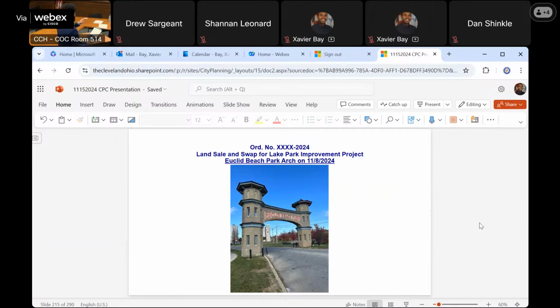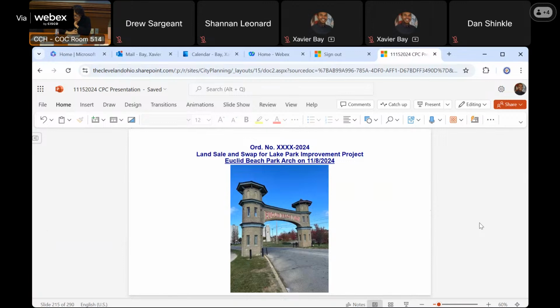This parcel, immediately adjacent to the archway to the west, is the ideal location for relocating the arch. I was asked to negotiate a donation with McDonald's, and I was successful in that endeavor. They have committed to donating this parcel to the city.